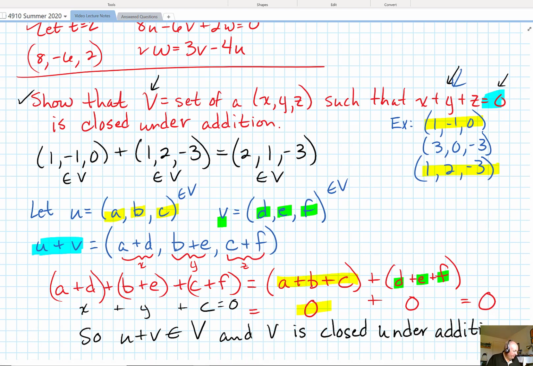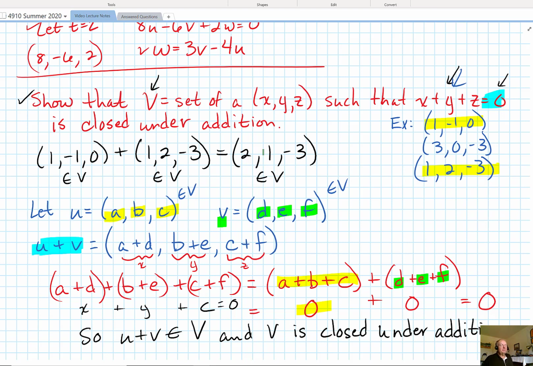Now here's the deal. If you have a subset of a vector space, and we are dealing with the vector space R3, because we're dealing with three dimensions right there, if you have a subset of a vector space that is closed under multiplication and closed under addition, then we call it a subspace.